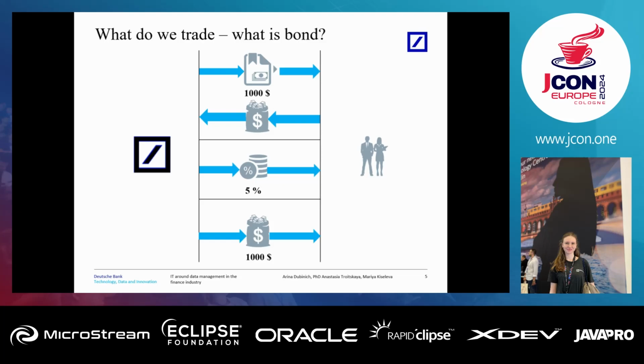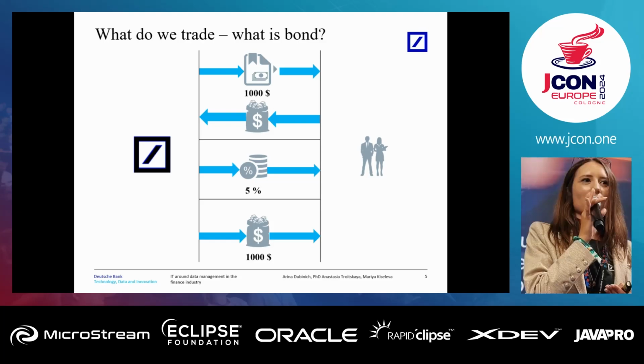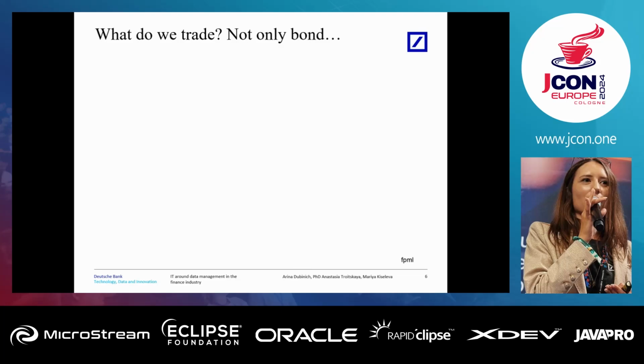So usually the bond is described by the following parameters. The first parameters are, for example, issue date, or issuer, or maybe rating, face value, $1,000 in my example, coupon value, this is 5%, or coupon payment schedule, etc. It sounds like a lot, but we trade not only bonds.